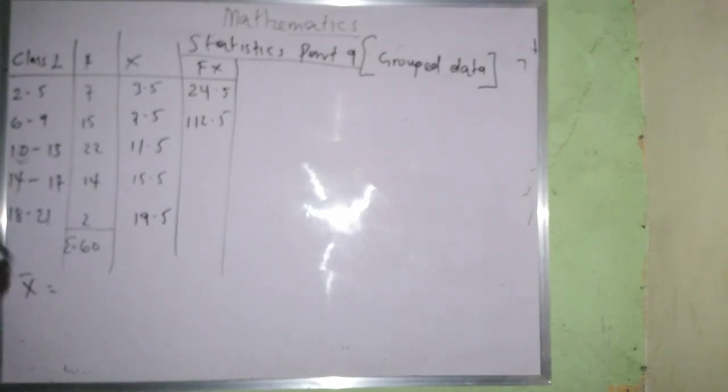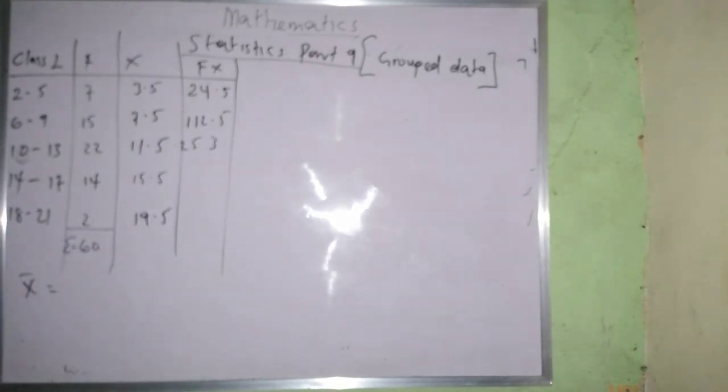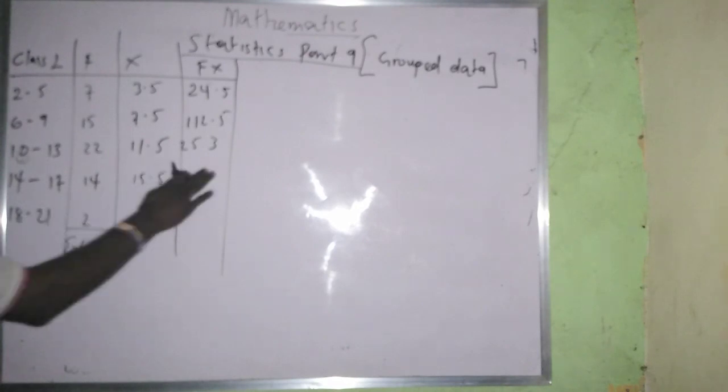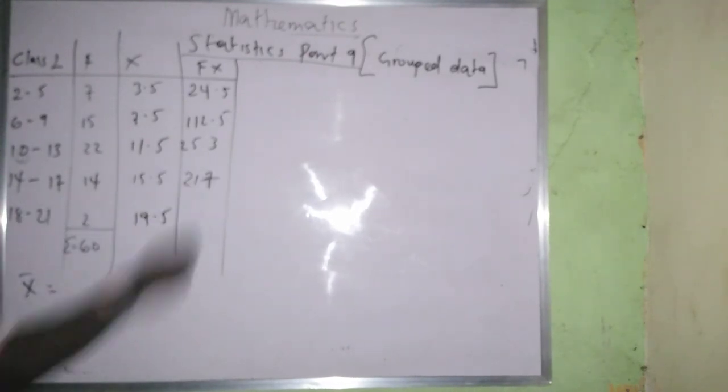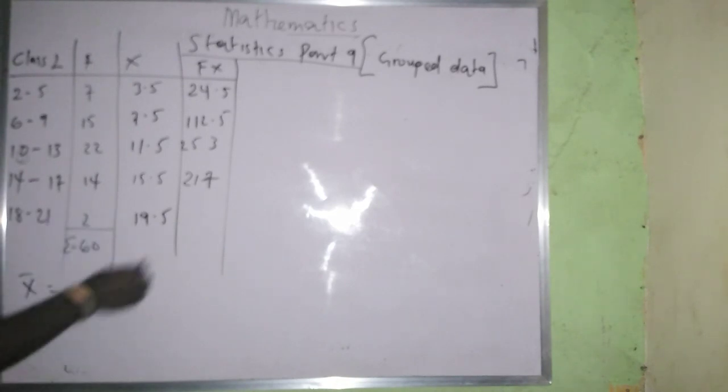This times this, 11 11 11 11, will be 253. Now this times this, it will be 14 times 15.5, which is 217, and also this times this will be 39.